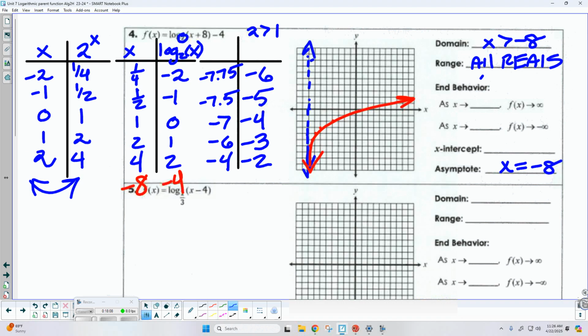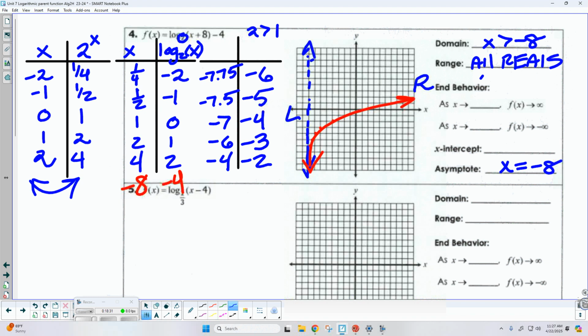Take a few seconds, think about what we've discussed last week and today. Fill in those 2 blanks for me. Remember, the end behavior is the left side and the right side. So what should the first one be?